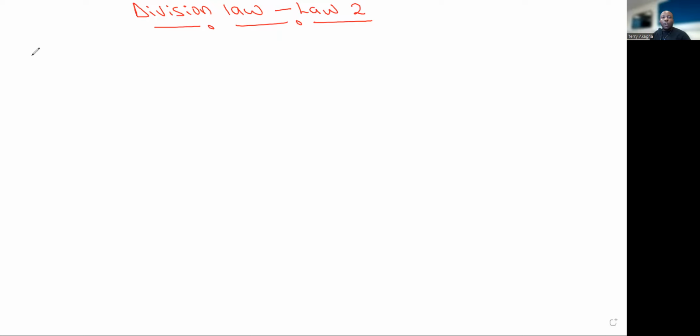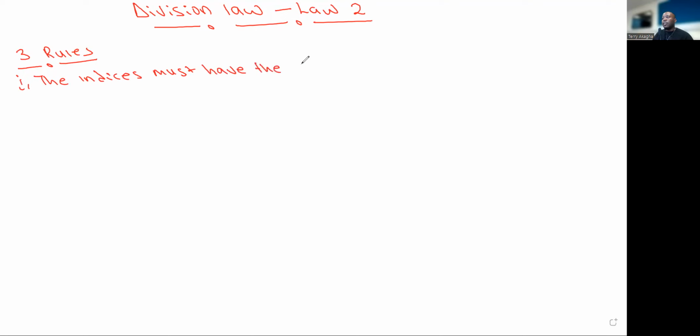So now the division law. The first thing to know about the division law is that there are 3 rules to keep in mind. The first one is that, similar to the multiplication law, the indices must have the same base.